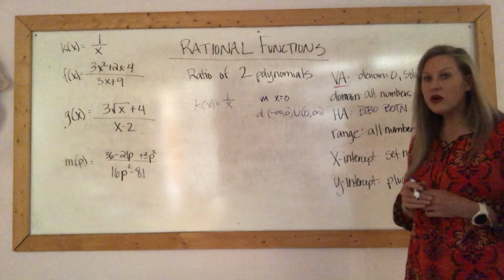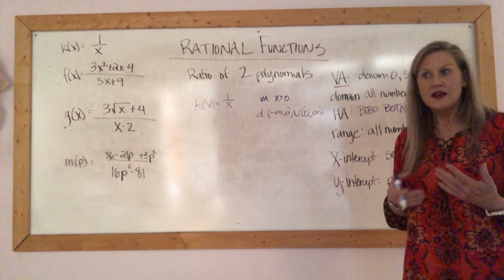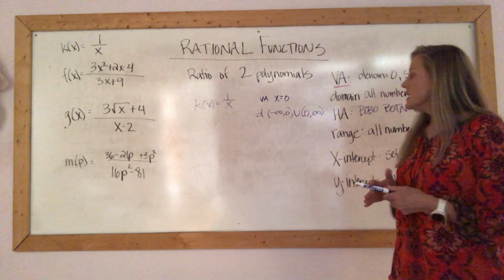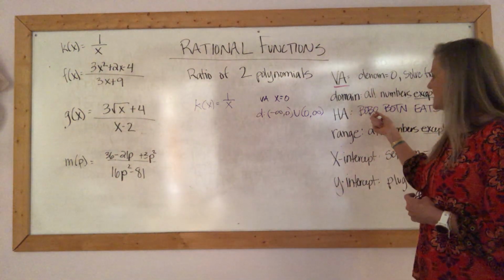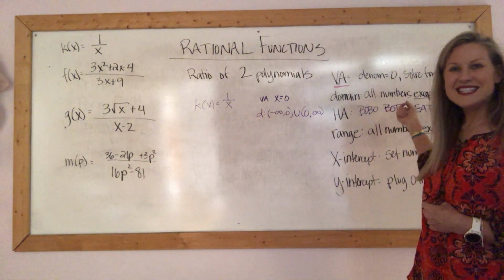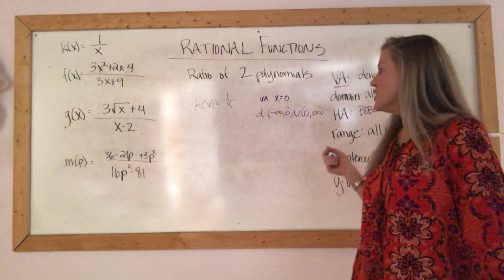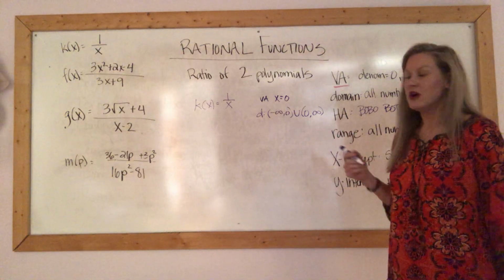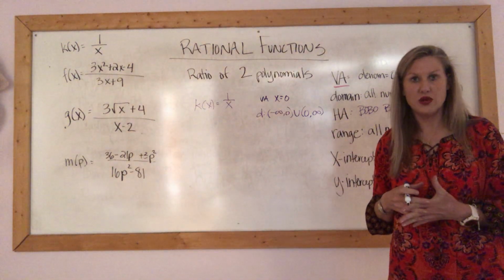To find your horizontal asymptotes, if there are any, and this is one where sometimes you have them, sometimes you don't. So this is something that a former student taught me, and it's Bobo Button Eats DC. This is kind of a little mnemonic device to figure out or remember how to know if you've got horizontal asymptotes or not.